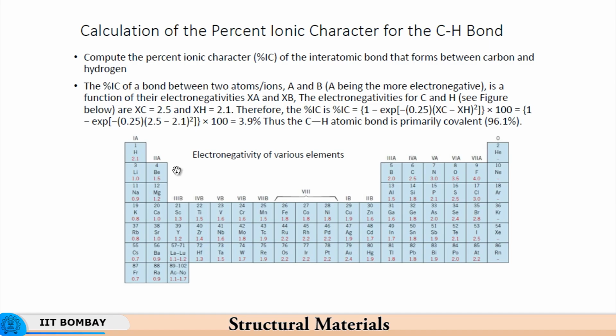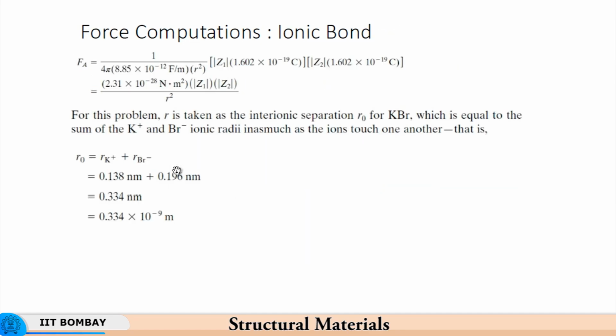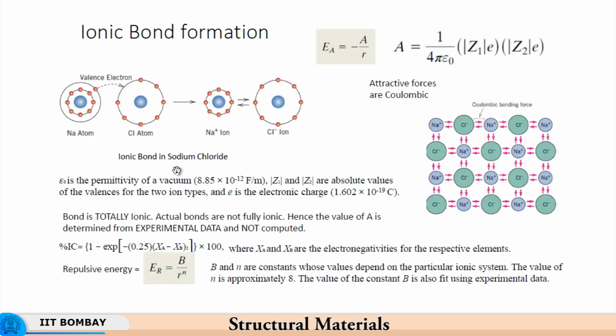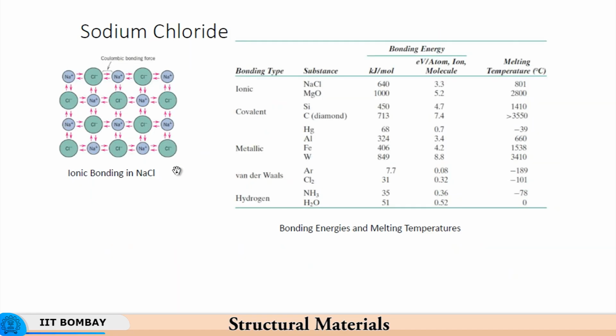So, here the ionicity is given by this expression. The expression was also given in the previous slide. So, here the percentage of ionicity is, this is square actually, this should be at the top here, and X_A and X_B are the electronegativities of the respective elements.